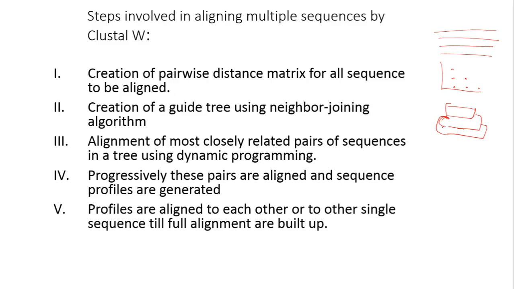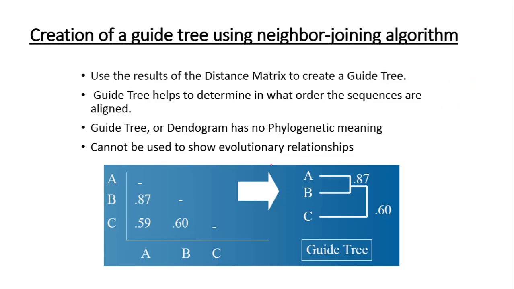Or you usually create profiles if two sequences are separately aligned, and then you can end up aligning those profiles as well. So these are the basic 5 steps involved in Clustal. This is just a brief explanation; I don't want to go into more detail since it has already been covered.